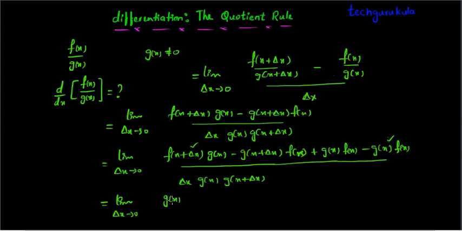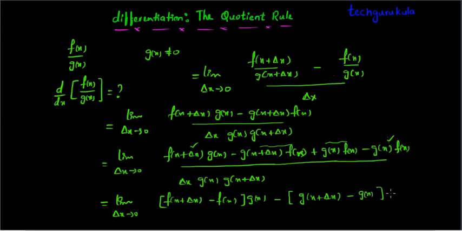We take f of x plus del x minus f of x, with g of x common. For the second and fourth terms, let's take the minus sign common, so we have g of x plus del x minus g of x, and we take f of x out, which is common.